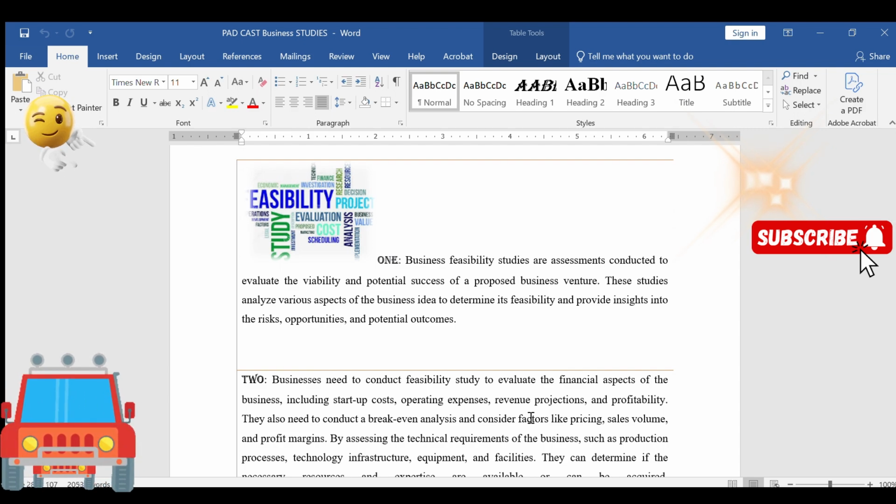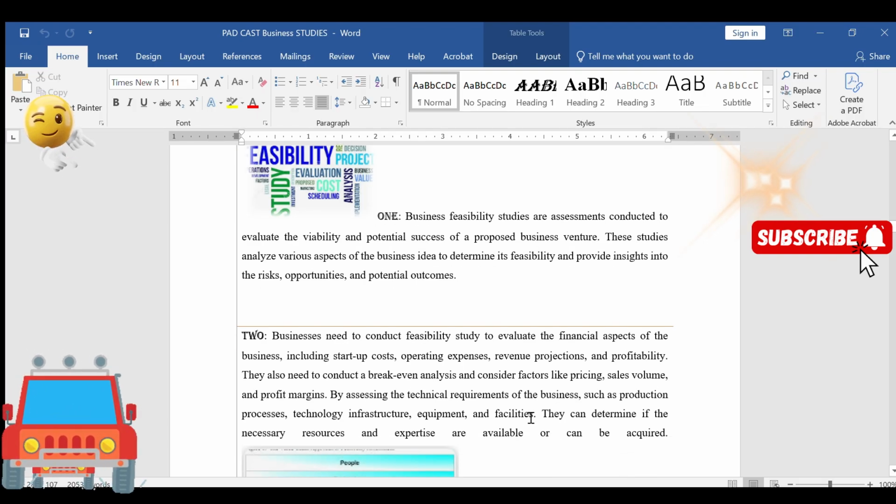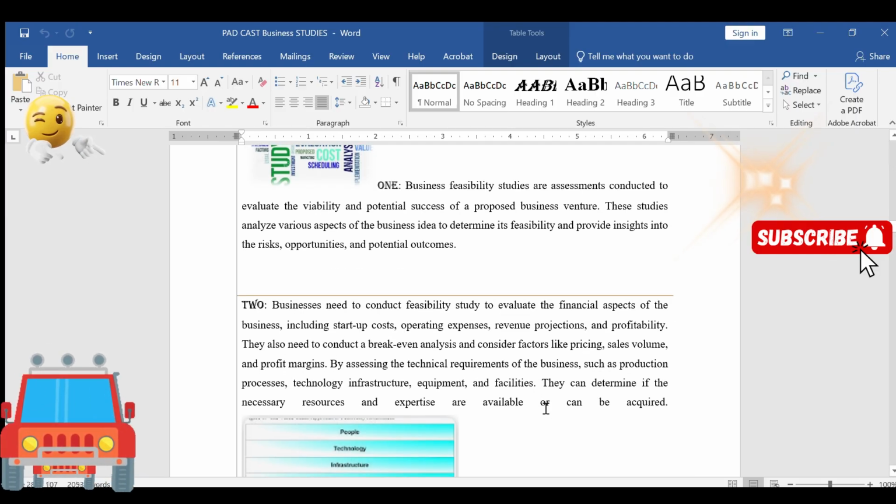This is a different topic, a different chapter, where we are looking at business feasibility studies or assessments conducted to evaluate the viability and potential success of proposed business ventures. They study and analyze various aspects of a business idea to determine its feasibility and provide insight into the risk, opportunity, and potential outcome.